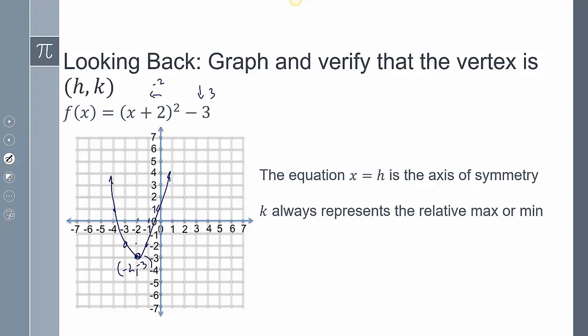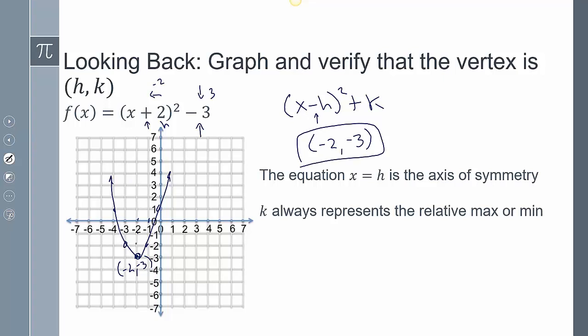But looking at the equation, if it's (x minus h) squared plus k, then my h says do the opposite, so my h is going to be negative 2. My k, do the same because it says plus k, is going to be negative 3. And so my vertex is (negative 2, negative 3), just by looking at my standard form equation.